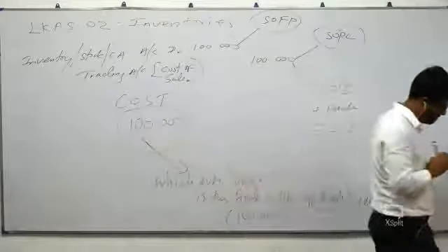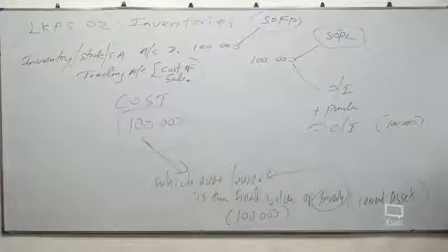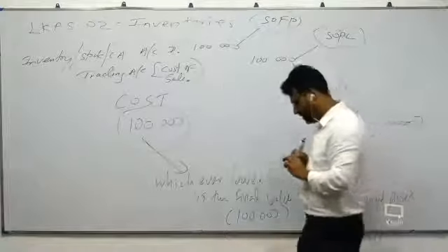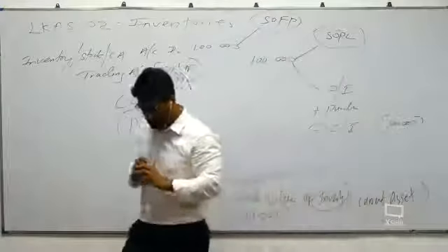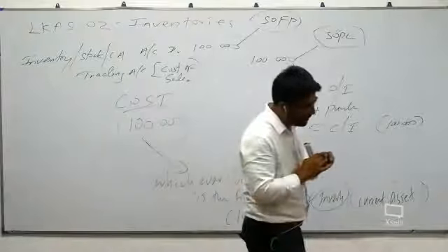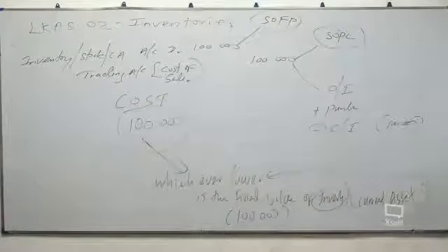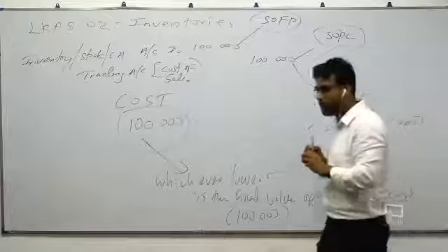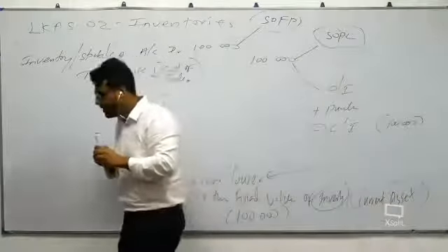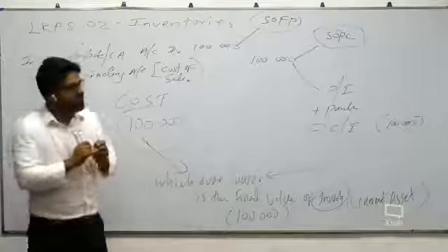Write down the first point: cost of closing inventory, 100,000. I'll give you the same amount, cost of closing inventory 100,000 like before. First example also 100. Then write estimated selling price of the inventory.